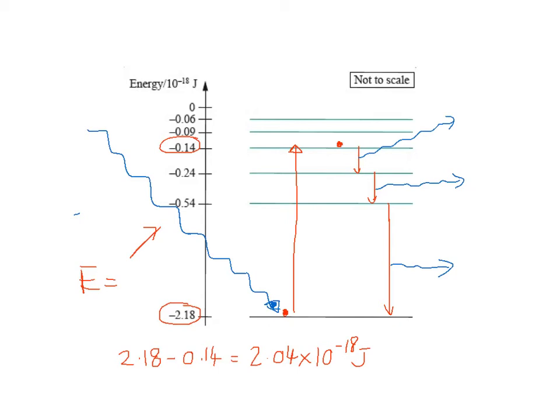So here it's going from 0.14 down to 0.24. Remember, it's the difference between the two energy levels that we're calculating. So that would be 0.1 times 10 to the minus 18. This one would be 0.3 times 10 to the minus 18. And then the difference between that will be 1.64 times 10 to the minus 18. Remember, they are all in joules.